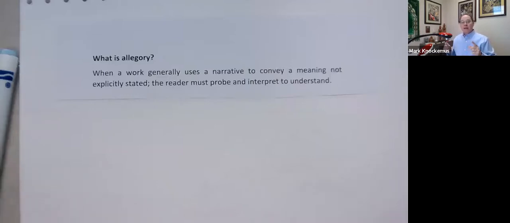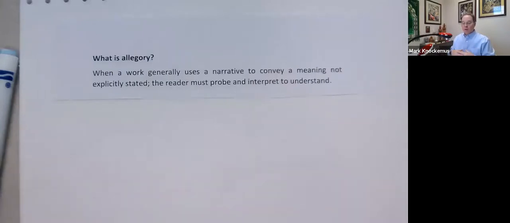And that meaning is not going to be explicitly stated. In other words, it's not going to be direct. The reader is going to have to do some digging, some probing to interpret and to understand it, since it's not going to be directly put out there for the reader, right?